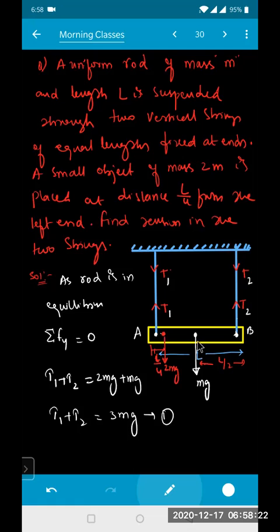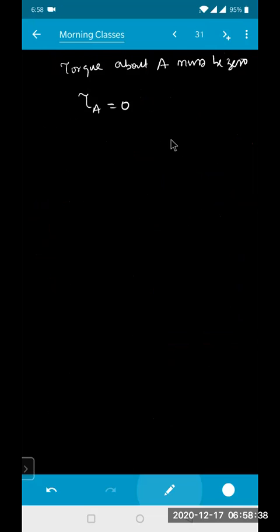This distance is how much? L, isn't it? In the same way, mg, and this distance is L by 2, and 2mg and L by 4. These are acting in the same direction. Let's see, I'll draw the torque here. This is the point A. This torque is T2 into L. In which direction is it moving?